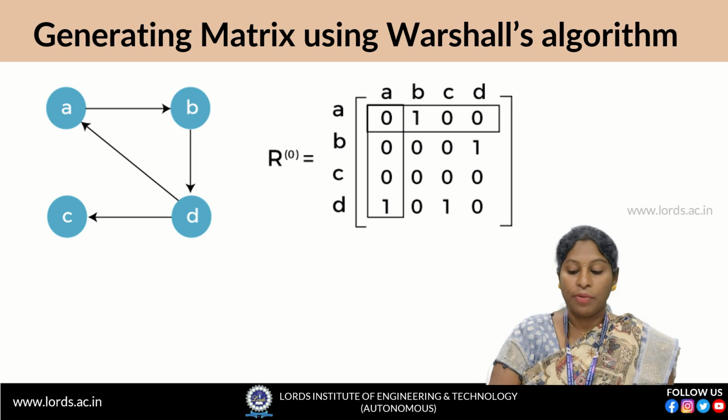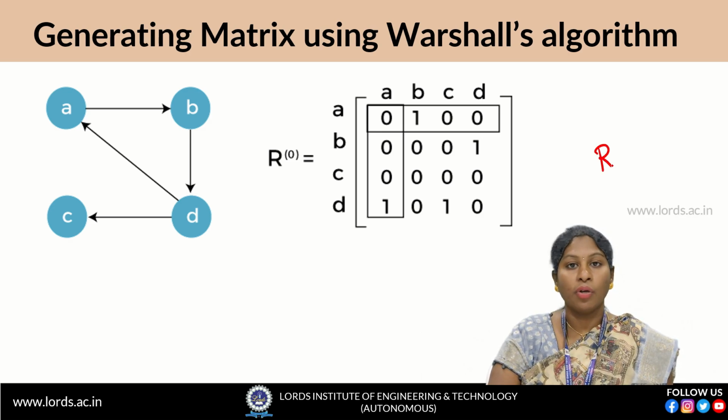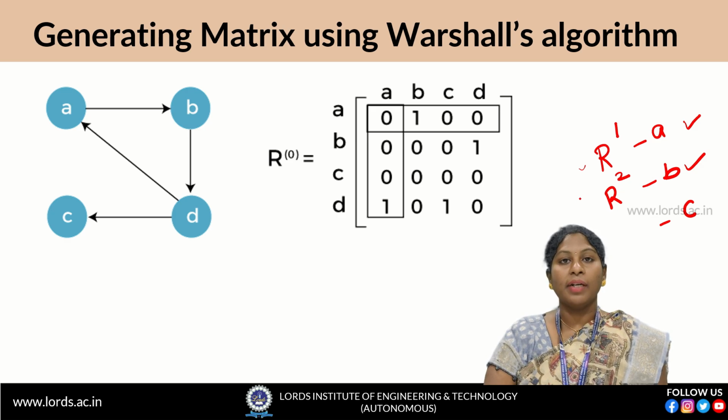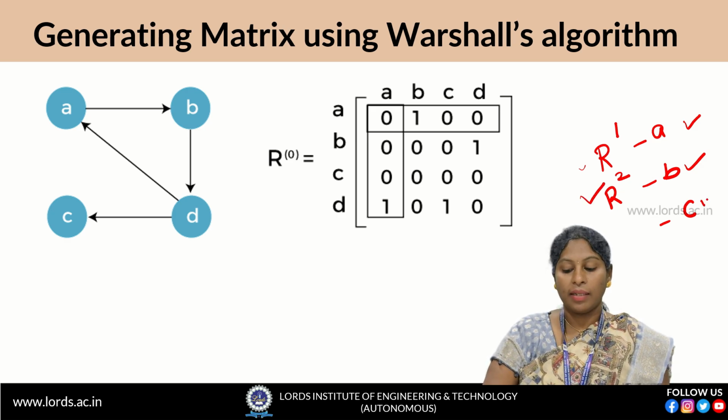Now we are going to consider the 4 transitive closures for this graph. How? By using intermediate node A, by considering intermediate node B. Intermediate vertex A comes under R1 in a relation, intermediate vertex B comes as R2, intermediate vertex C comes as R3, and intermediate vertex D comes as R4.